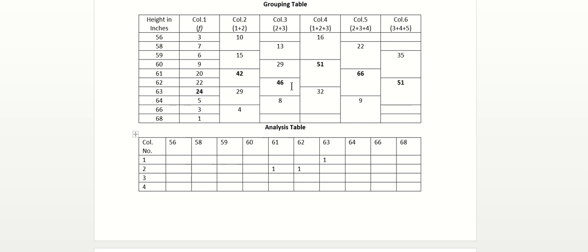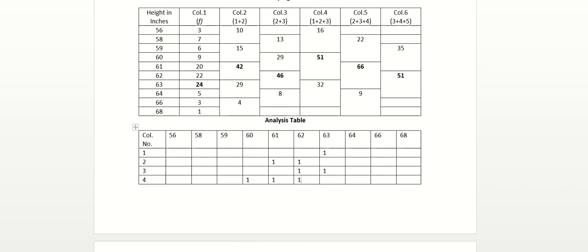Now in column number 3 the highest value is 46 and it is the sum of 22 and 24, corresponding to 62 and 63. So for column number 3 I will mark 62 and 63. For column number 4 the highest value is 51. It is the sum of 9, 20 and 22, and it is corresponding to 60, 61 and 62. So here 60, 61 and 62.